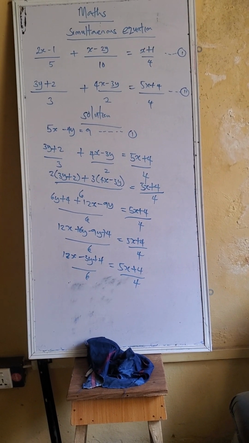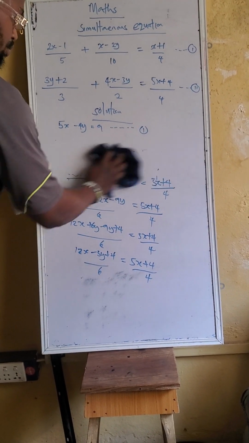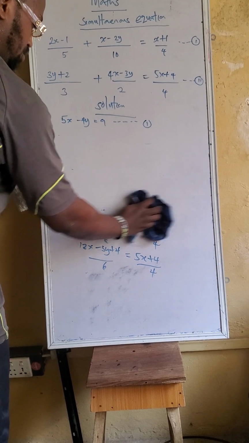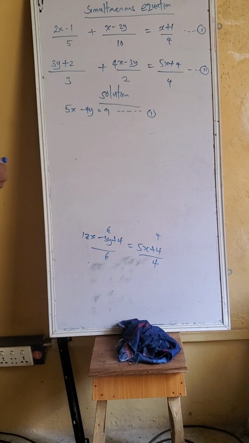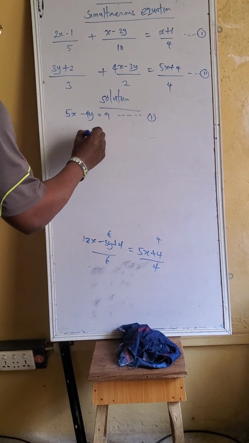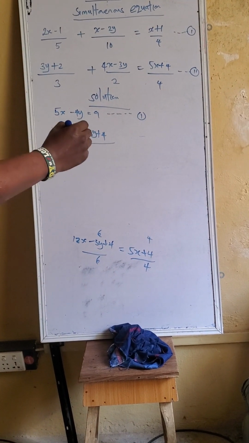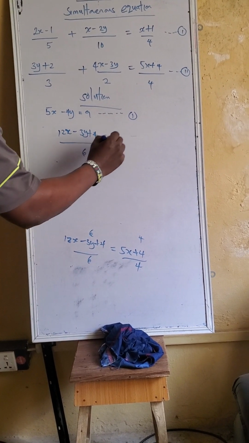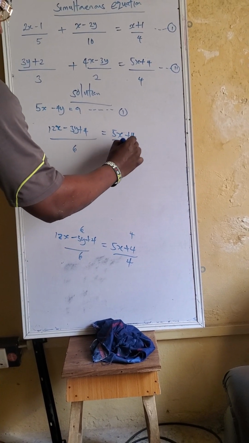We have arrived at a very valid point. We clean it so we can pick that valid point and continue from there. We can now say (12x minus 3y plus 4) divided by 6 equals (5x plus 4) divided by 4.